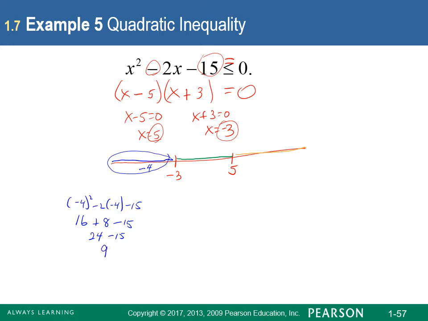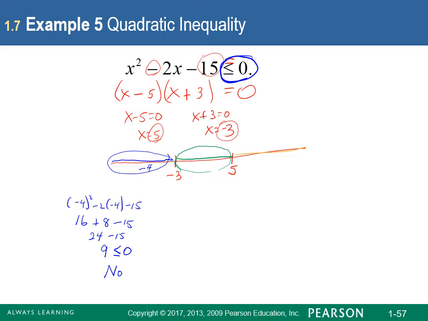So we want to know, does that work? Is 9 less than or equal to 0? And the answer is no, that does not work. So the left side of negative 3 is not part of the solution. We're going to take a number in between negative 3 and 5, any number in that region, and do the same thing.